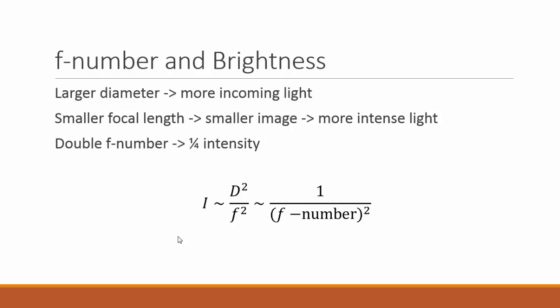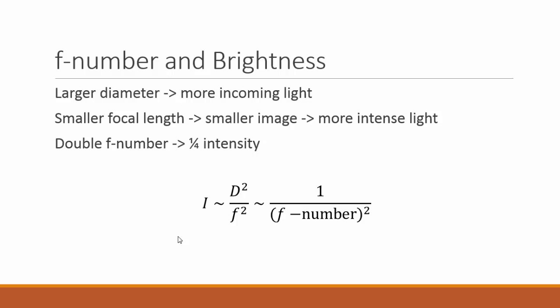If you double the f-number, the intensity ends up being 4 times smaller. So if you multiply the f-number by square root 2, you have 1/2 the intensity, which is why these cameras typically are set with f-numbers that are multiples of square root 2.